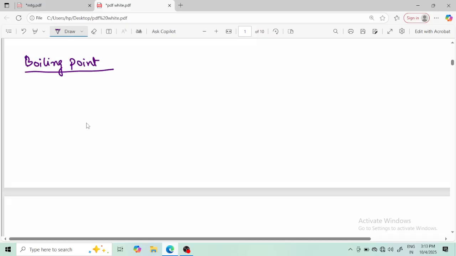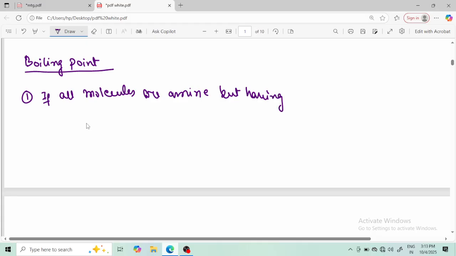So basically, how is boiling point related to the different degrees of amine? Under boiling point, two types of question they can ask. The first question is that if all molecules are amines but having different degree, they have different degree.